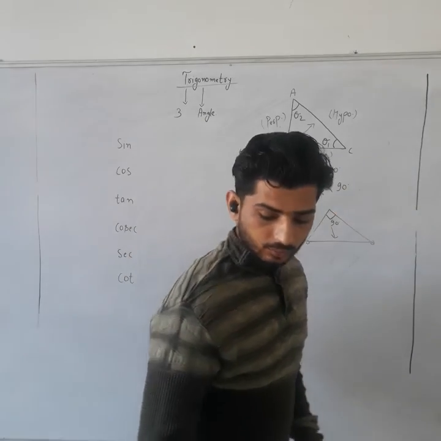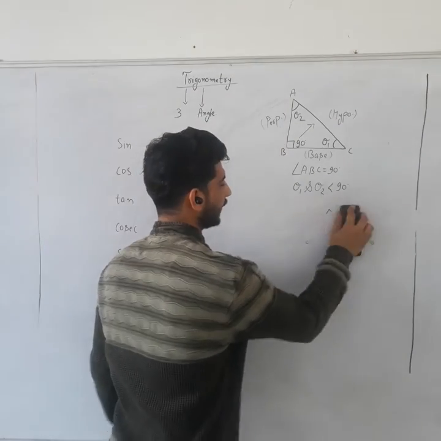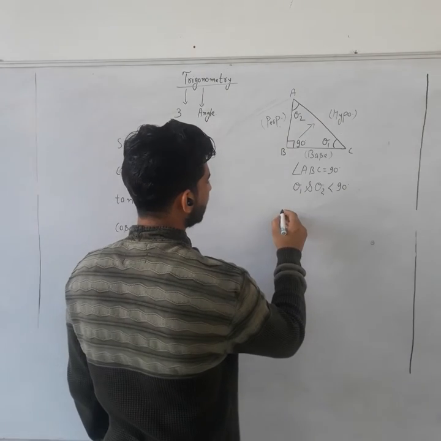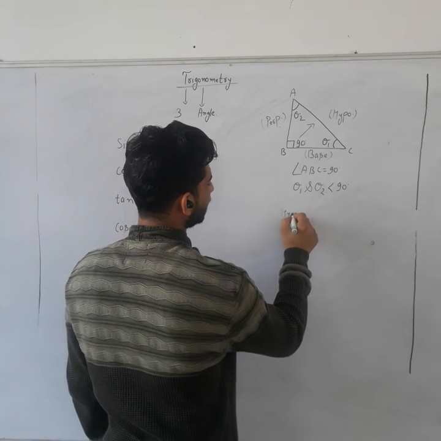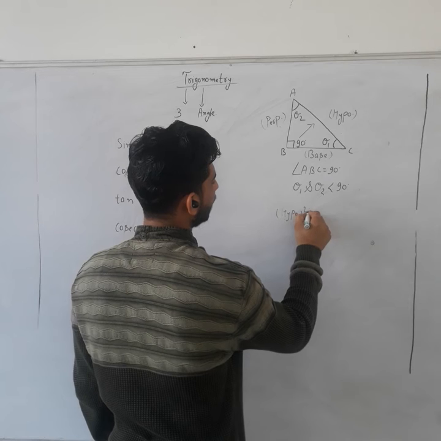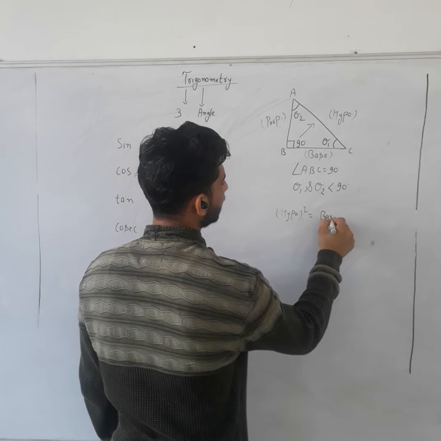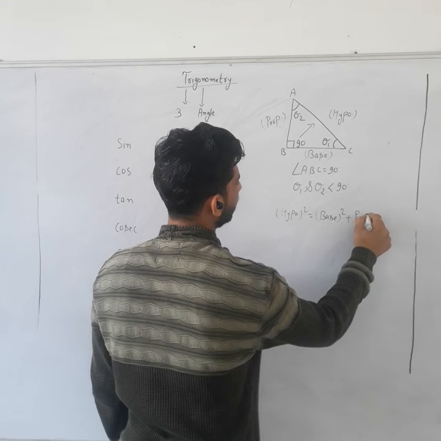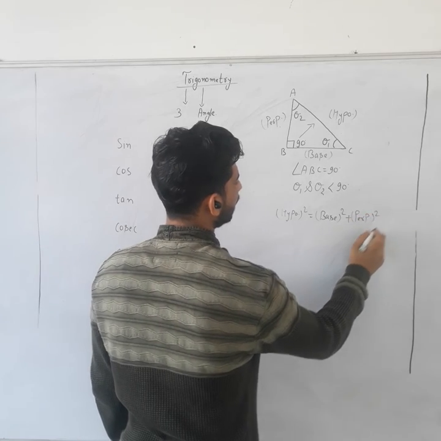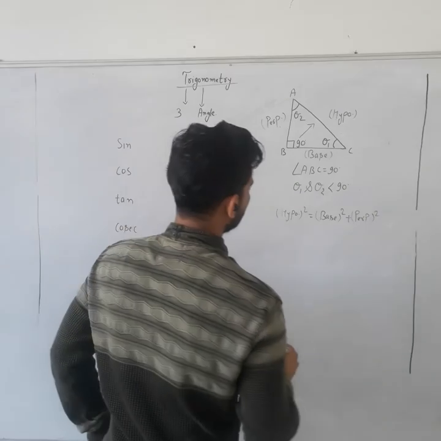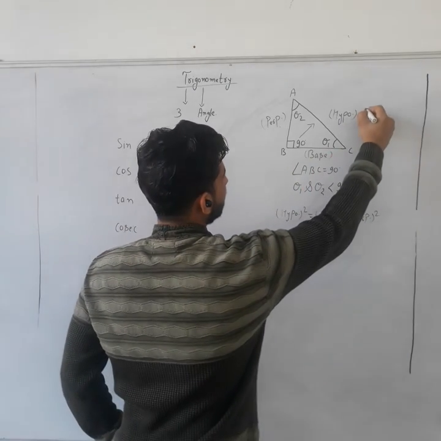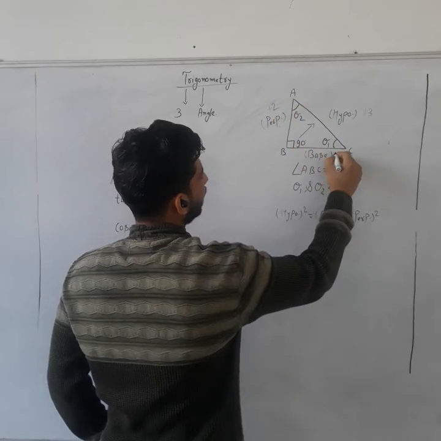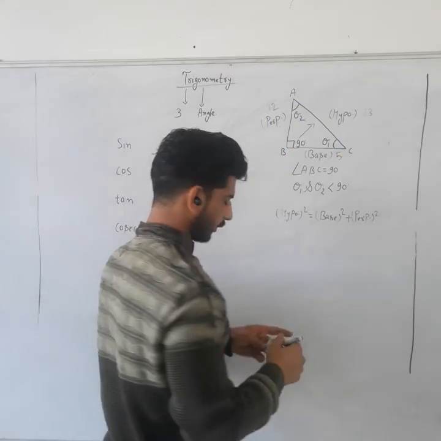Okay. So what is the Pythagorean theorem? Pythagoras theorem is simple: hypotenuse square equals base square plus perpendicular square. I have taken an example like hypotenuse is 13, perpendicular is 12, and base is 5.